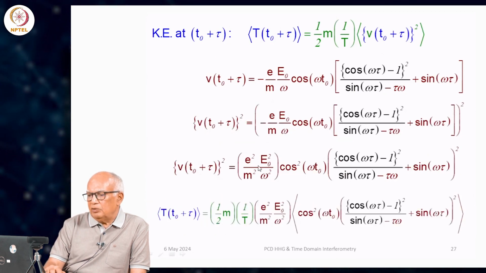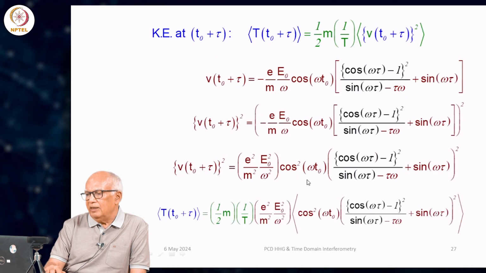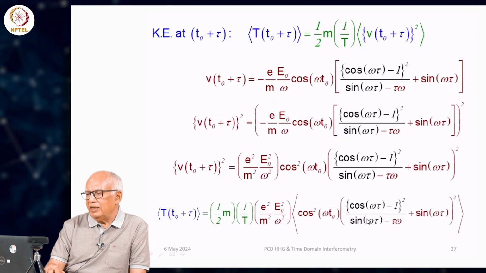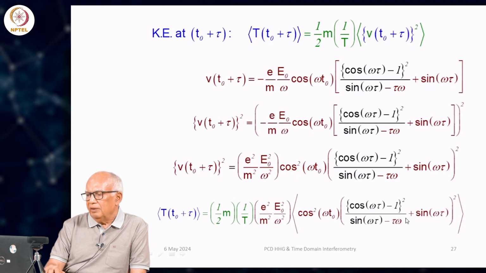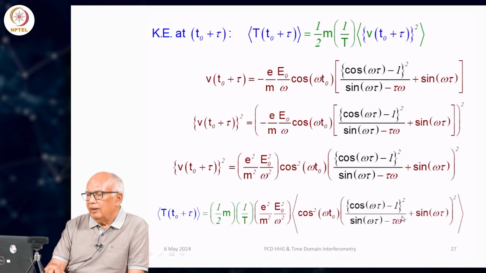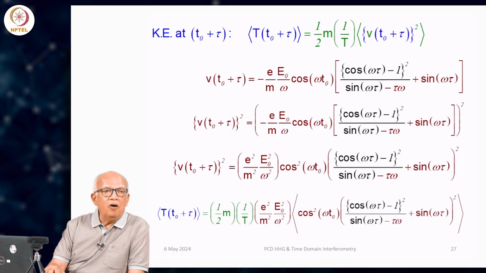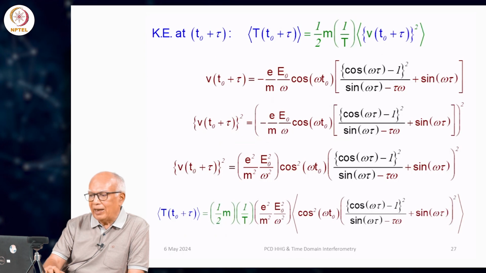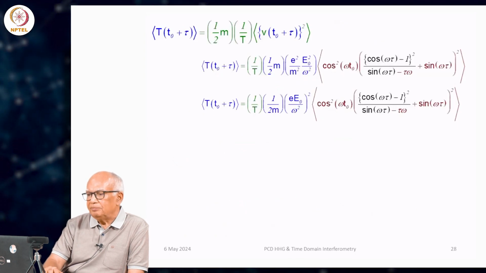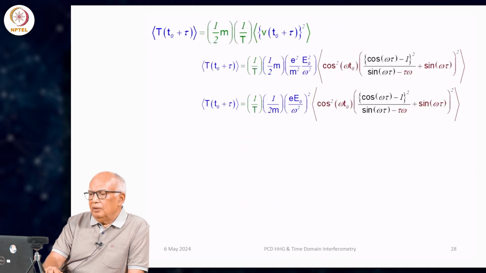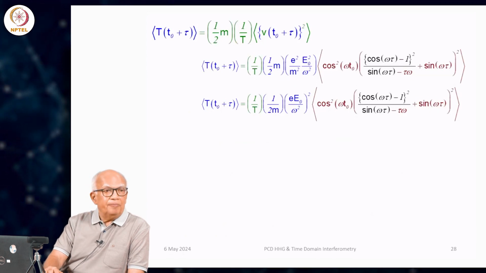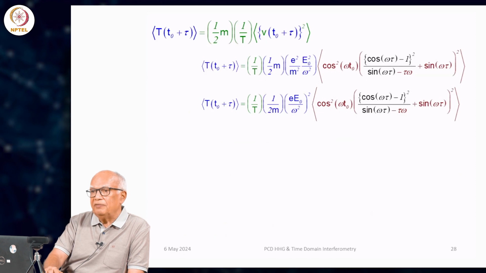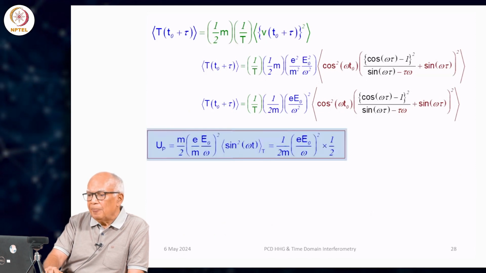These things come out as constants, and you need the average of these cosine terms and so on, which has got the time tau which is required for the wave packet to come back and recombine. So, there is nothing new on this slide yet, it is the same as what we had on the previous slide, a summary of the previous relations.